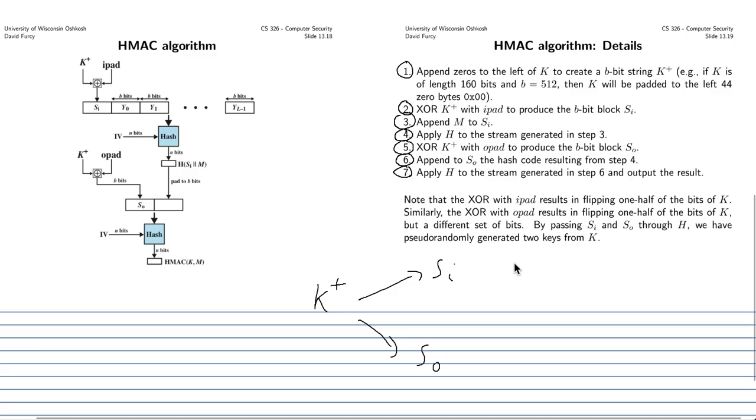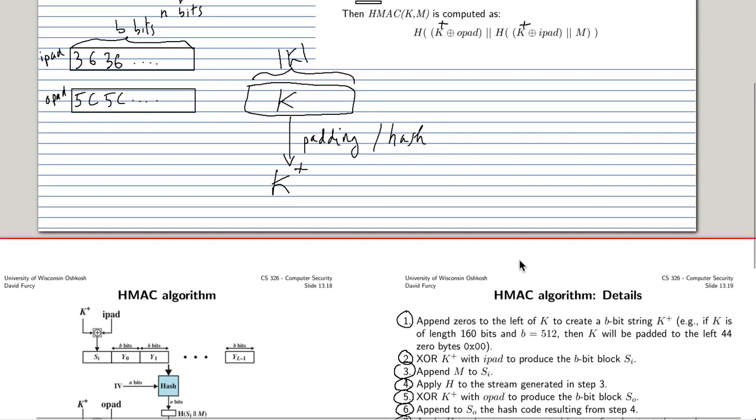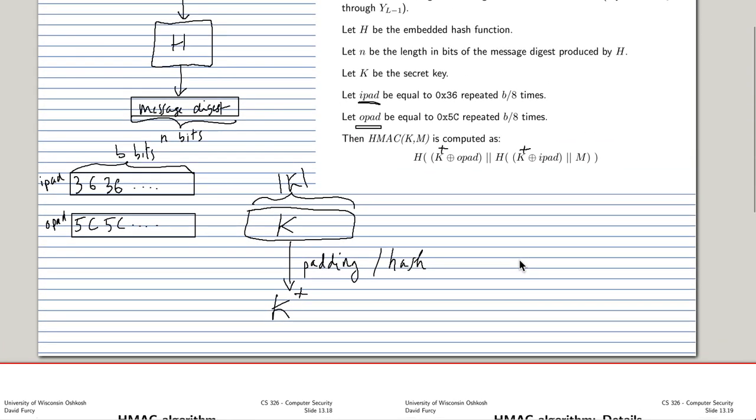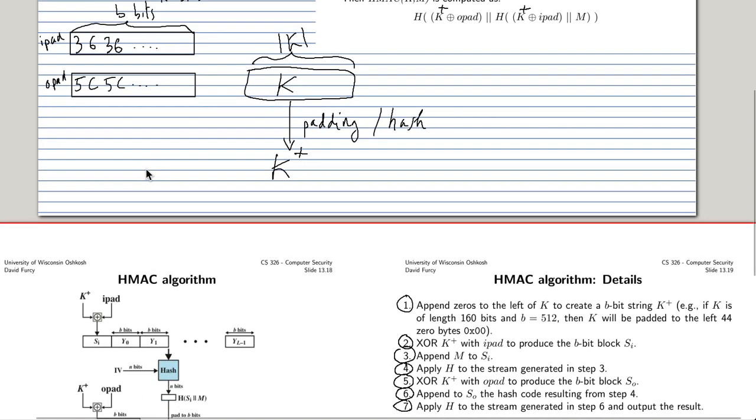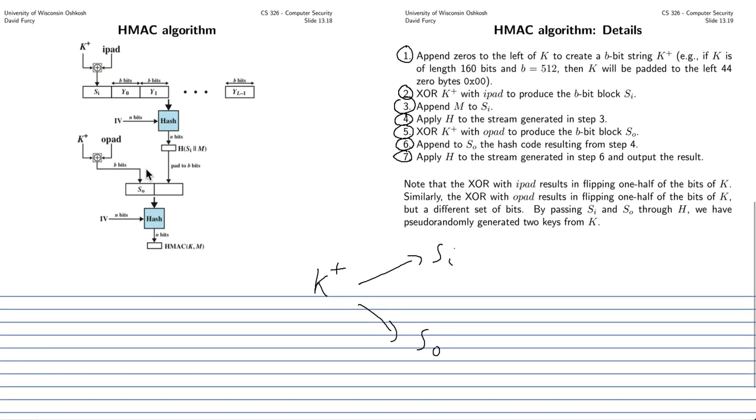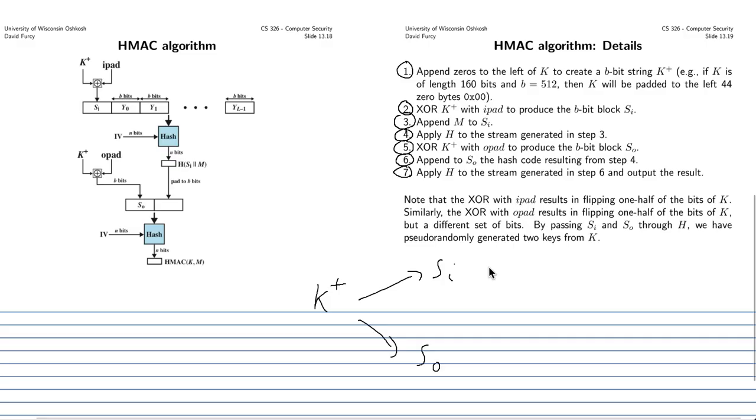So for example, remember that when we talked about the input pad, we said the value would be 363636. So if you remember, the binary representation of 36 is going to be 0011 for 3 and then 0110 for 6. So we're going to repeat this pattern a bunch of times and then we're going to XOR that with the bits of K plus.